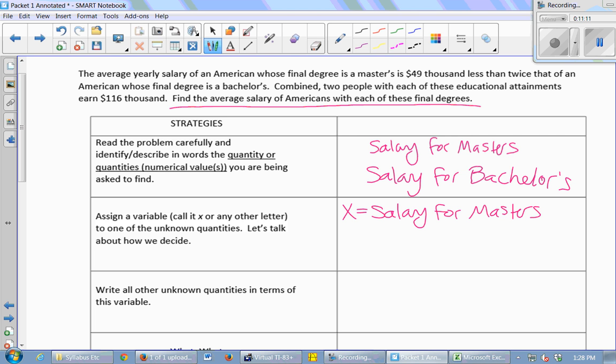All right. Then I have to write all the other unknown quantities in terms of X. So I have to come up with an expression for the bachelor's degree salary. So I'm going to have to dig into the question a little bit to find out how are these two salaries related to each other.